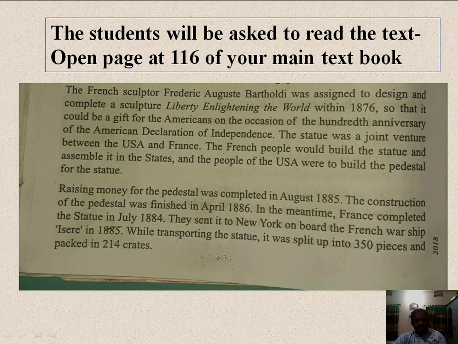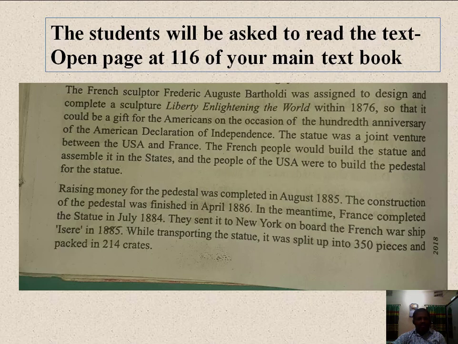I will discuss the whole text first, then I will discuss the unknown words with you, with their meanings and their use in a sentence. So I think all of you have got your book, and now I would like to read the whole text first.